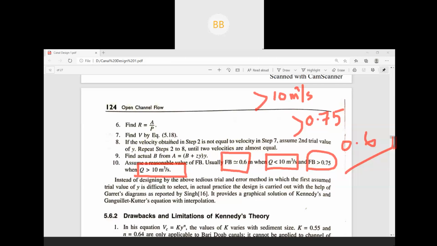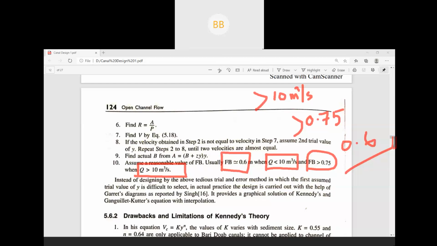I request you to at least go through the whole process once again. Kindly go through the steps.